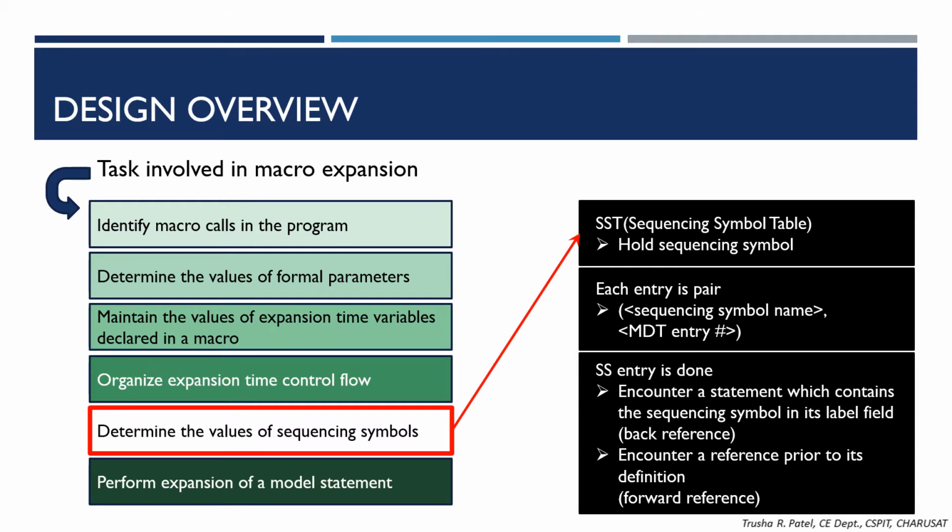Now the SS entry is done when we encounter a statement which contains the sequencing symbol in its label field, if we are addressing the back references. And another case is forward referencing. In that case, whenever the SS is encountered as a reference, the entry will be done inside the SST.